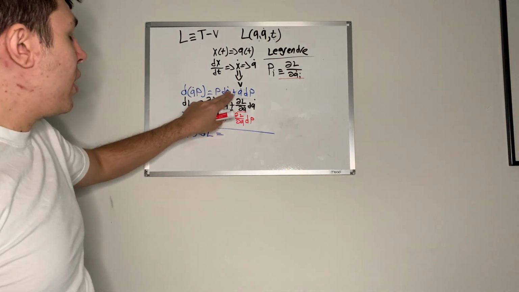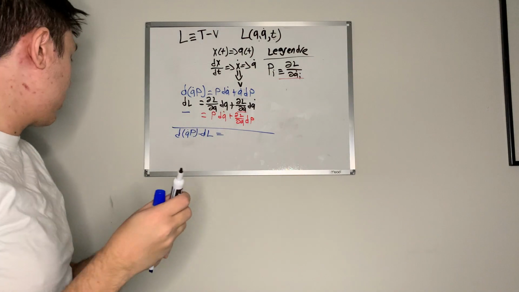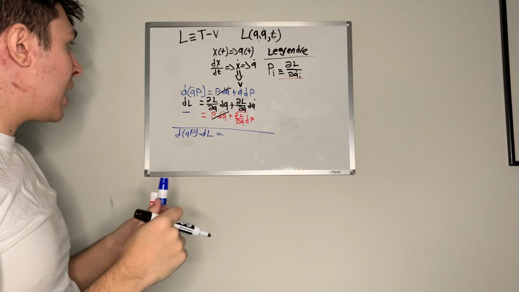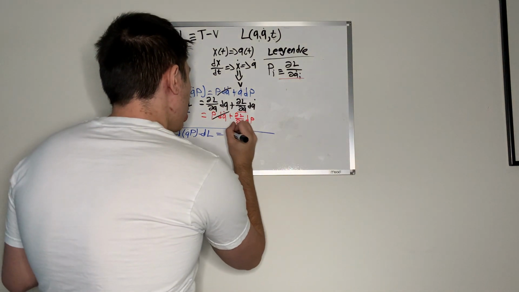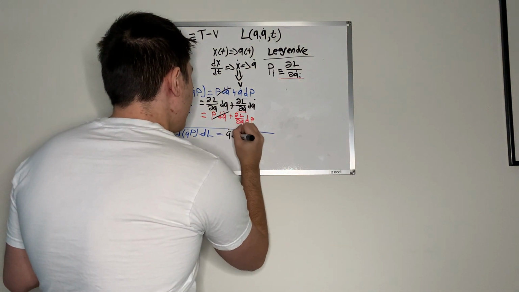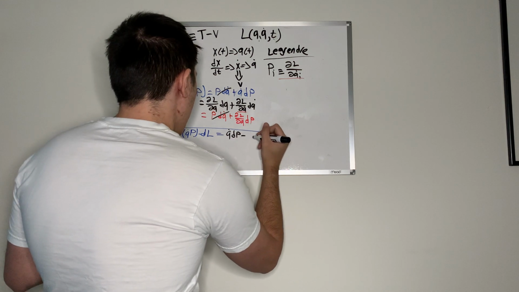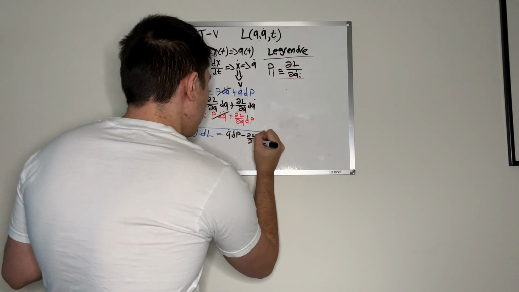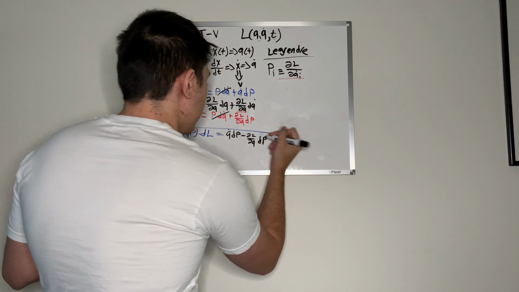Well, this one and this one just cancel, right? And then over here, I get this q dot dp minus partial L partial q dp, right?